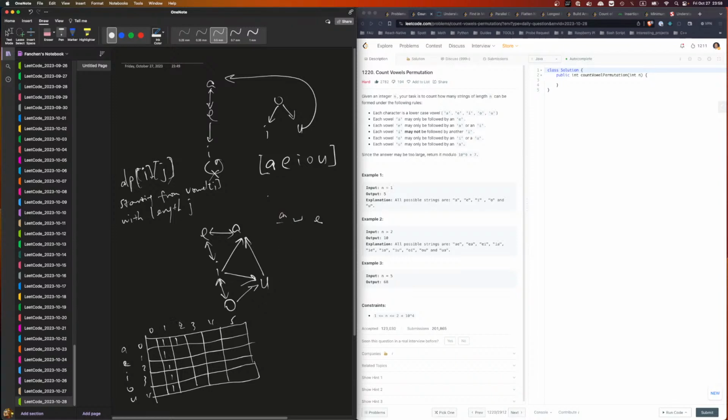Now we go to E, what's E's next? Yeah, this is not the right way to do it. Hold on, let me redo this entire thing. It is a graph, but it's not the best way.